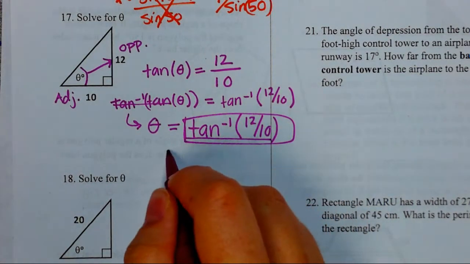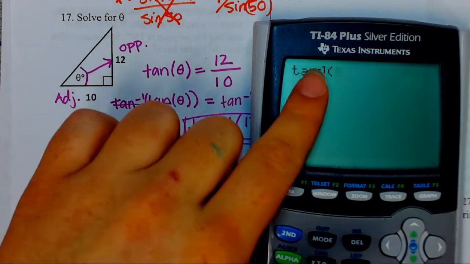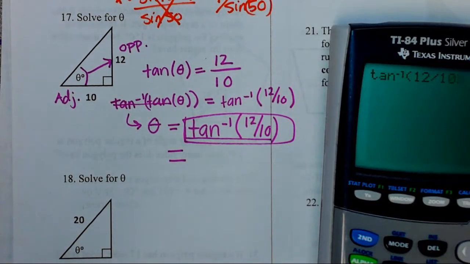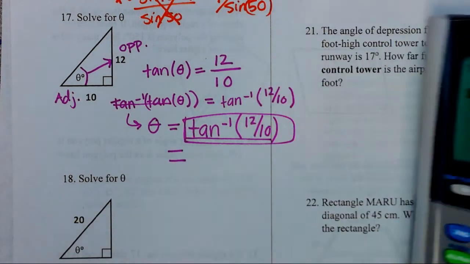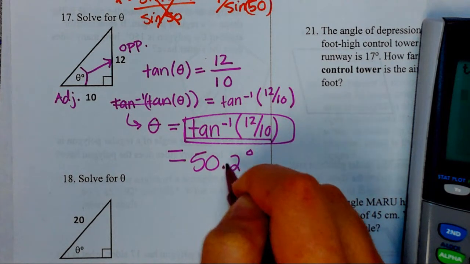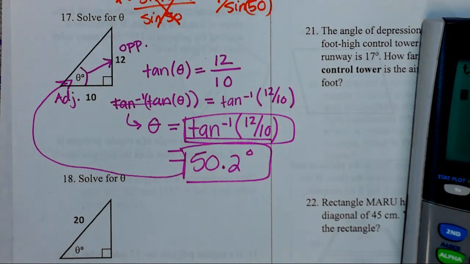Okay? Now, you type this into your calculator, so you press second tangent to get your tan inverse button, 12 over 10. Make sure you're in degree mode, and you get it's about 50.2. And that is in degrees. Okay, so that's what this angle is right here, 50.2.